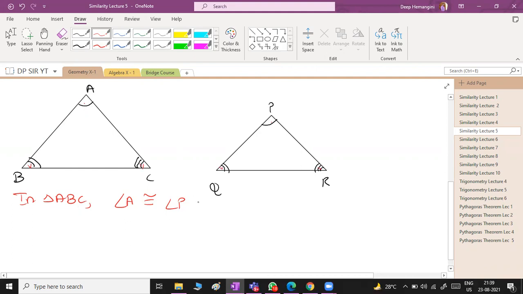A is congruent to P, then angle B is congruent to angle Q, then angle C is congruent to angle R. ठीक है, and also ये देखो ये इसको congruent रहेगा, मतलब they will be in proportion.